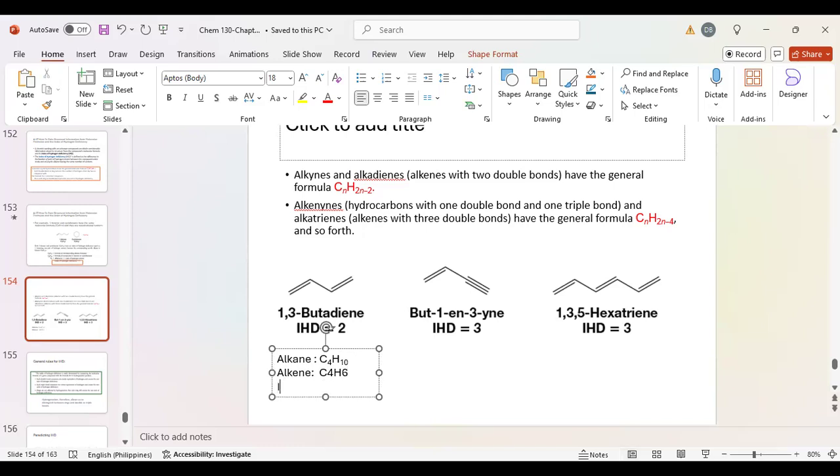So your IHD is the difference between the two, which is H4. Since every index of hydrogen deficiency is a pair of 2 hydrogens, your IHD is actually 2.